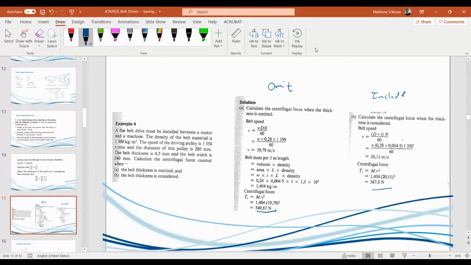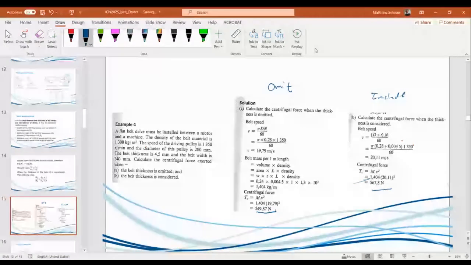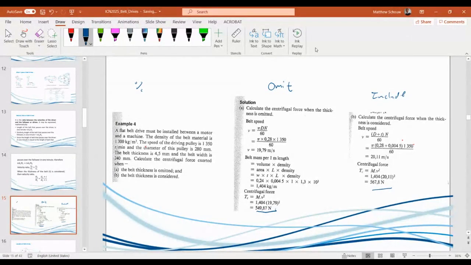That's quite thin actually. But I do want to make you aware that I will not penalize you, maybe just for the semester, if you don't include the thickness. I just want to show you the impact in terms of percent: 567.8 minus 549.87, divided by 549.87.